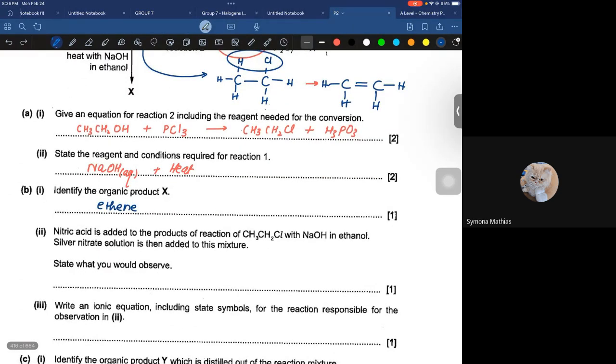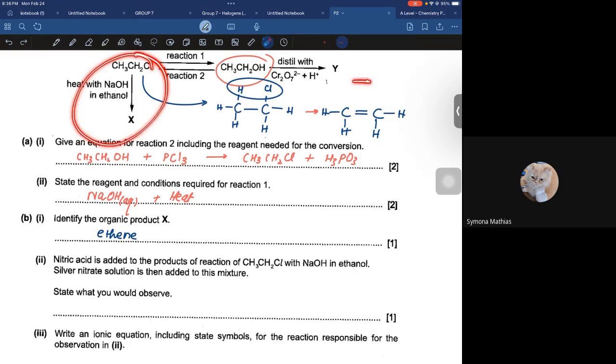I told you the tests for halide ions. If you add silver nitrate to chloride, it gives a white precipitate. For bromide ion, it gives a cream precipitate, and for iodide, it gives a yellow precipitate.